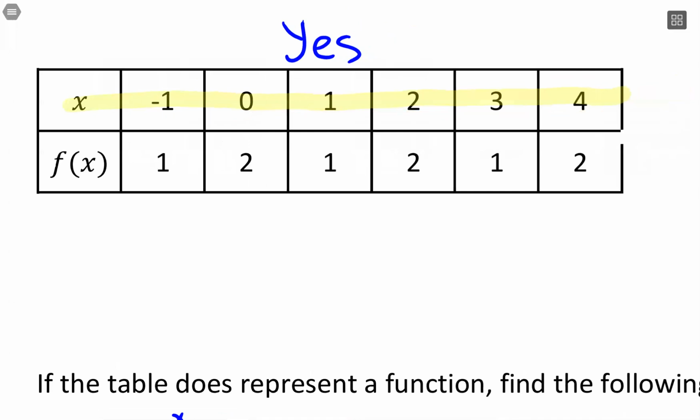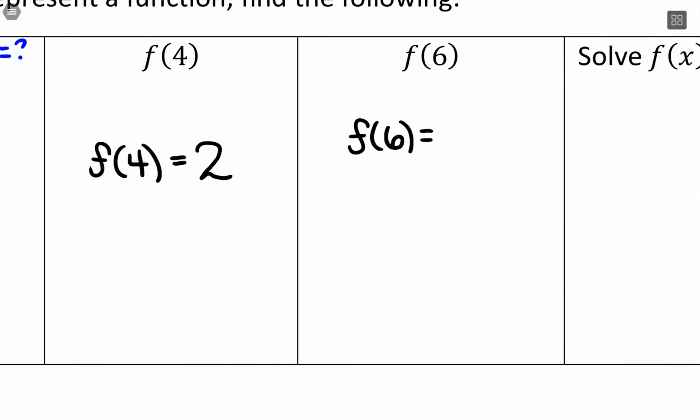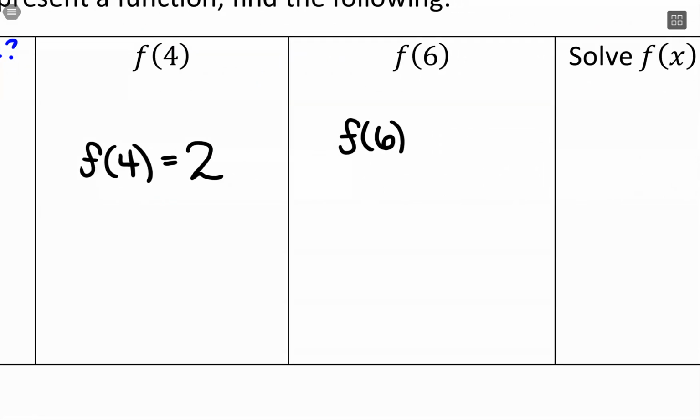So we can't plug that into our function, or since we don't have the function itself, we don't have the equation for it, we don't have anything to solve. So in terms of a table, what we would say here is that it just does not exist. You can use DNE for short, or you can write out does not exist.